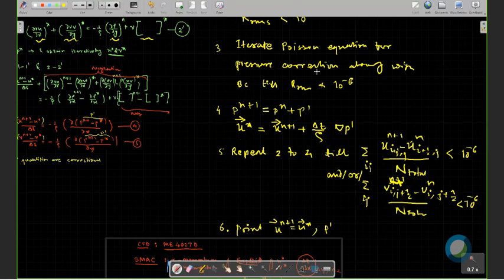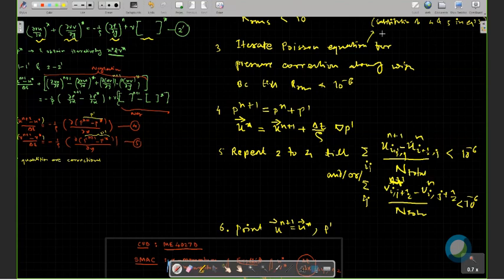This pressure Poisson equation you have to obtain by using this condition. I'm not saying that you have to use 4 and 5 directly. This pressure Poisson equation comes from the substitution of 4 and 5 in equation 3.